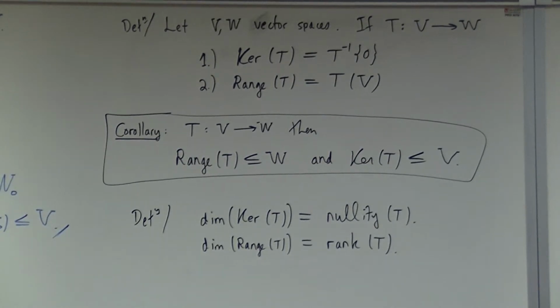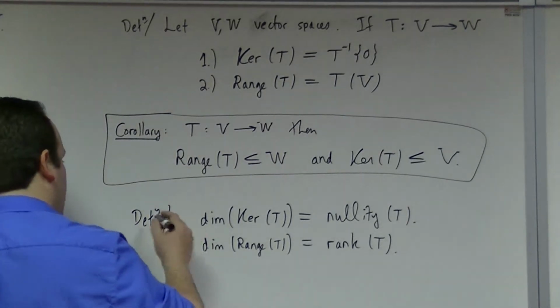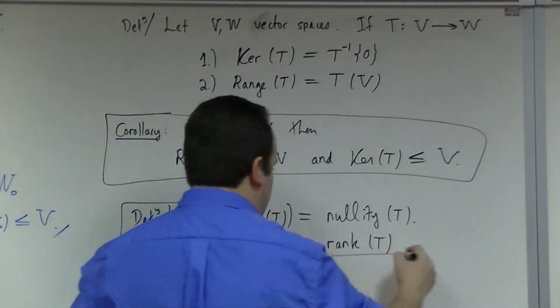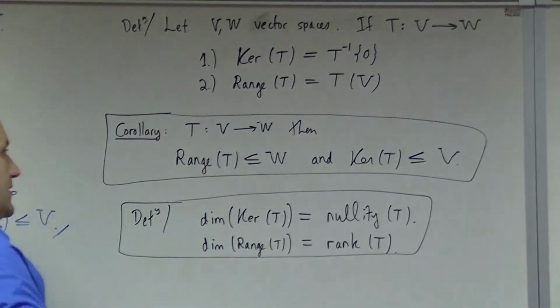Is there some reason that matrices and linear transformations are so closely related? Yes, we're getting to that. So there you go, the definition of nullity and rank for a linear transformation. I see I have spent too long on the proof today.